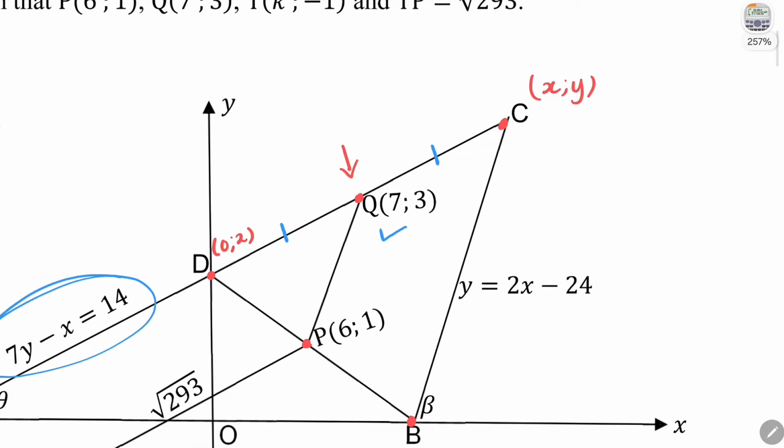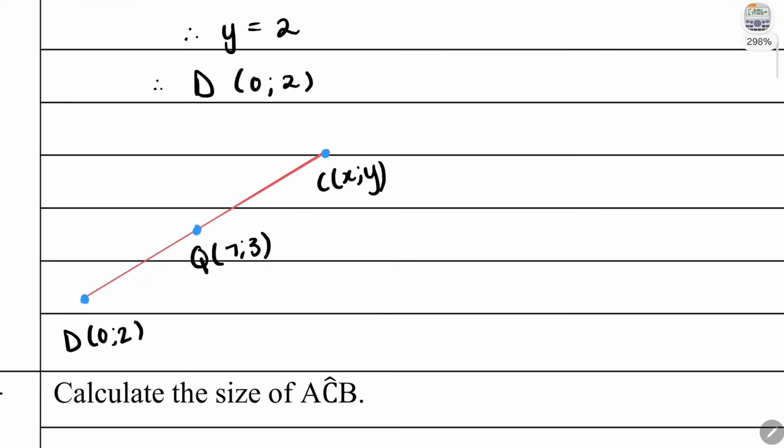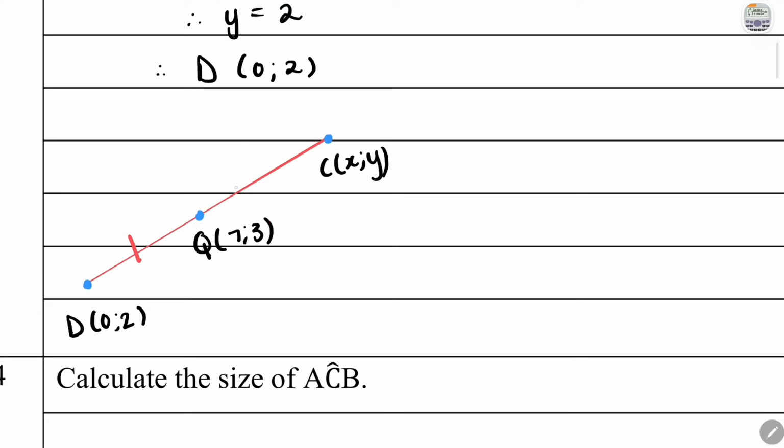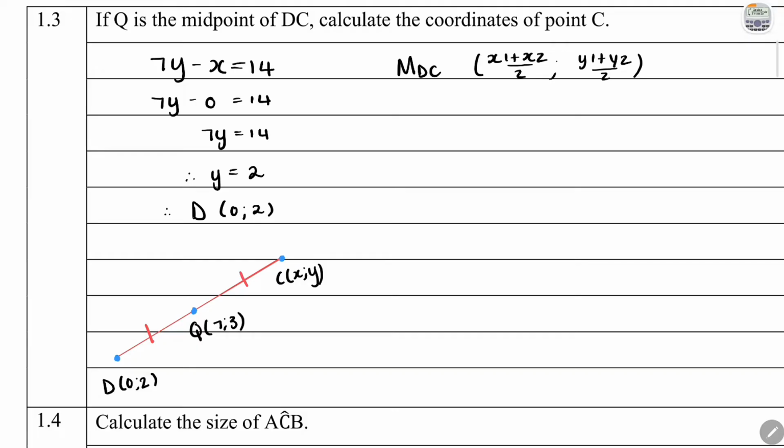Let's use these points that we have, D, Q, and C. The midpoint of DC, which we know is Q, we find by saying (x1 plus x2) over 2, and then (y1 plus y2) over 2. And let's substitute, because we're trying to find the midpoint of DC. These are the endpoints D and C. So we can just put it in the order where the x and the y come first.